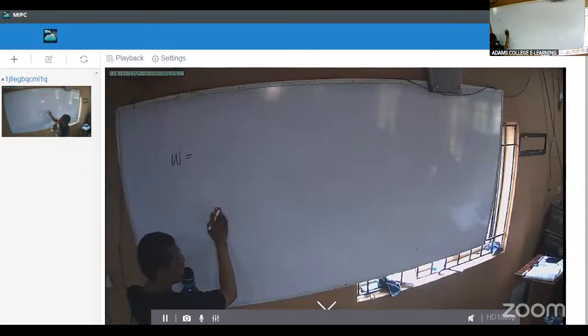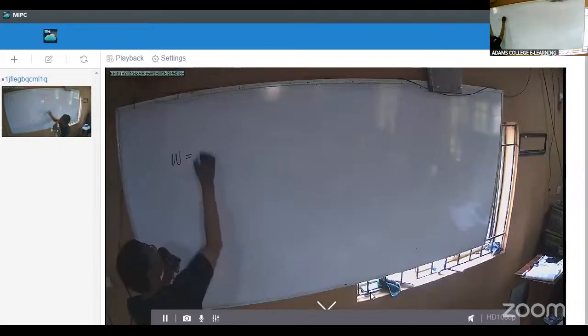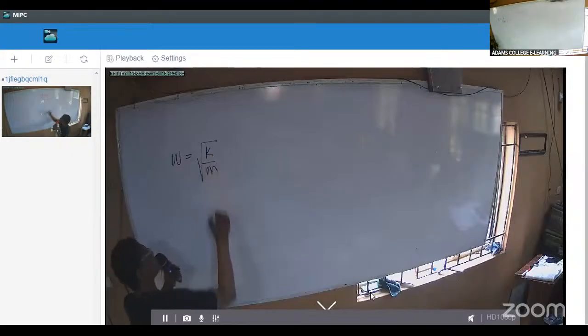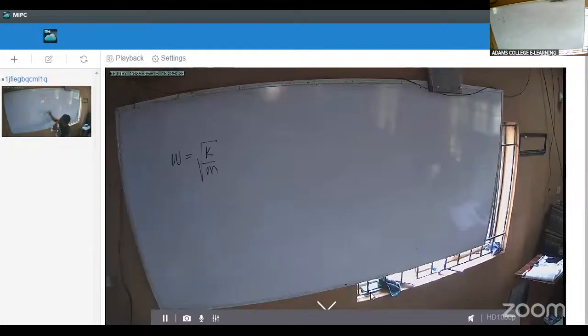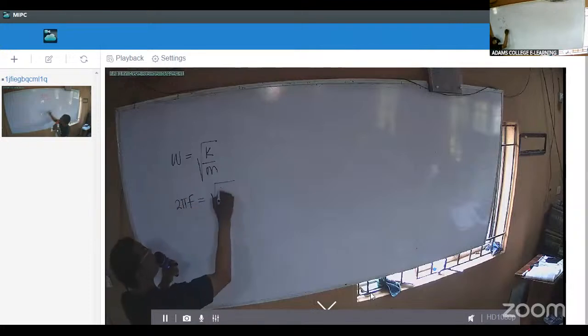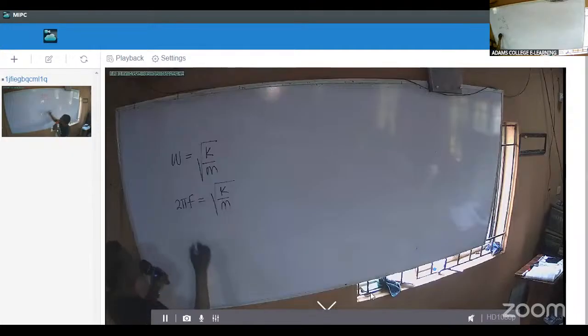Our omega, angular velocity or angular speed, is square root of k over m. And in your physics, you have been told that omega is 2 pi f. Who remembers that f is what? 1 over T. So we're going to have 2 pi all over T equals square root of k over m.